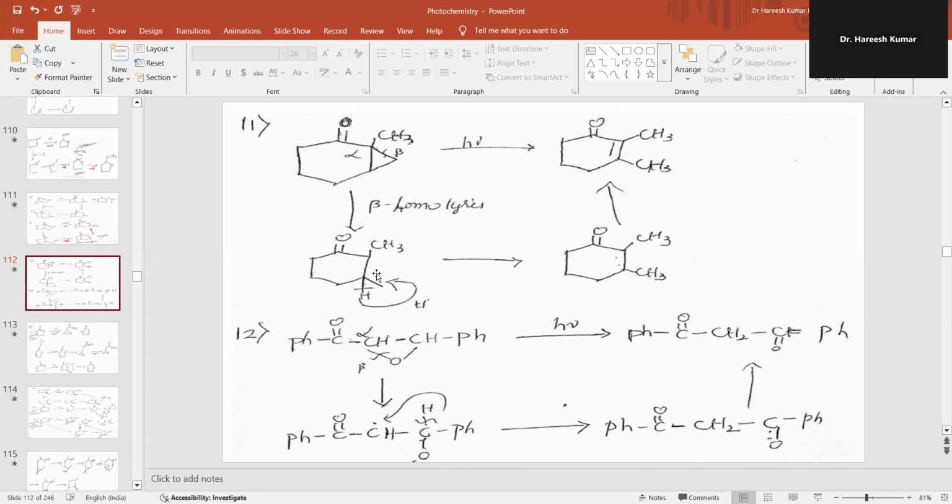So then what will happen? Abstraction of this radical, forming 2 radicals on these 2 carbons, and forming a cyclo... Beta cleavage leads to the formation of an alpha beta unsaturated carbonyl compound. This is one conversion of a cyclic ketone to an alpha beta unsaturated carbonyl compound by beta cleavage.